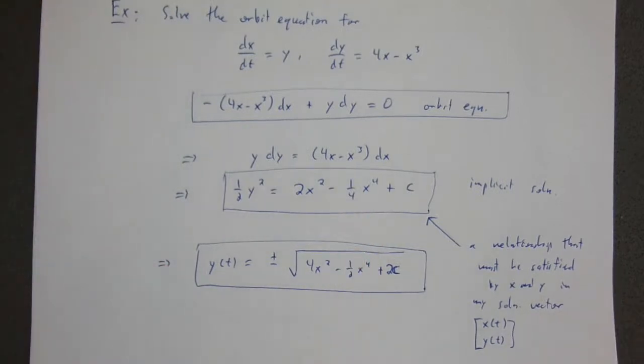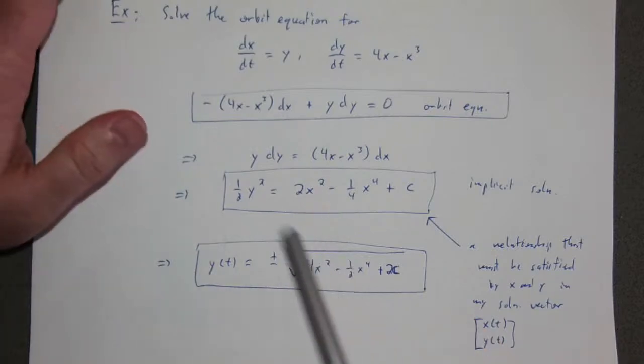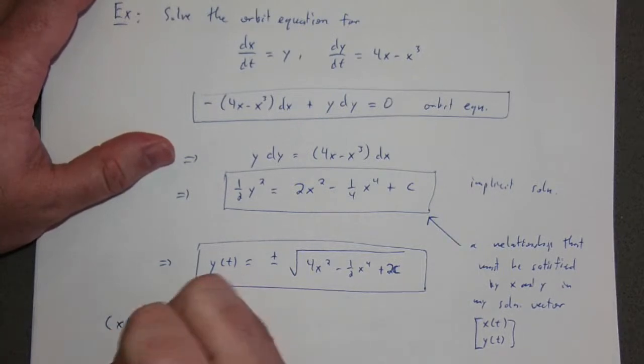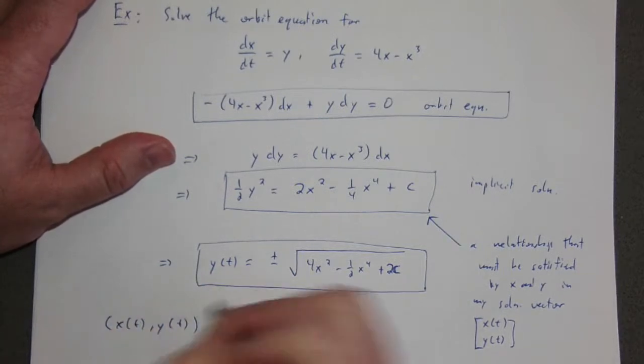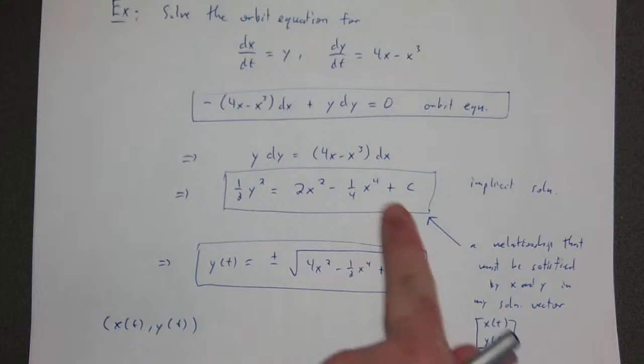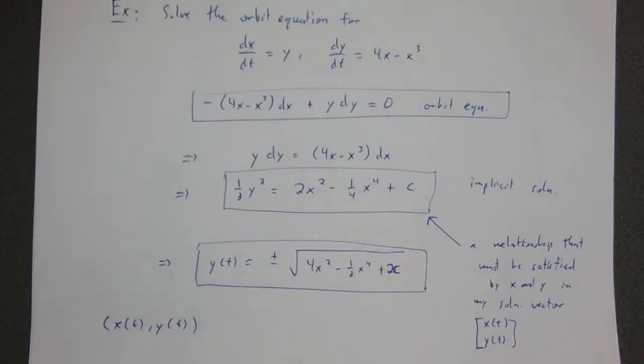And so I get a relationship governing how x and y are related to one another. Really I'm looking for ordered pairs whose x and y coordinates are these functions of t. So these functions parameterize the thing in question, and they satisfy this algebraic relationship.